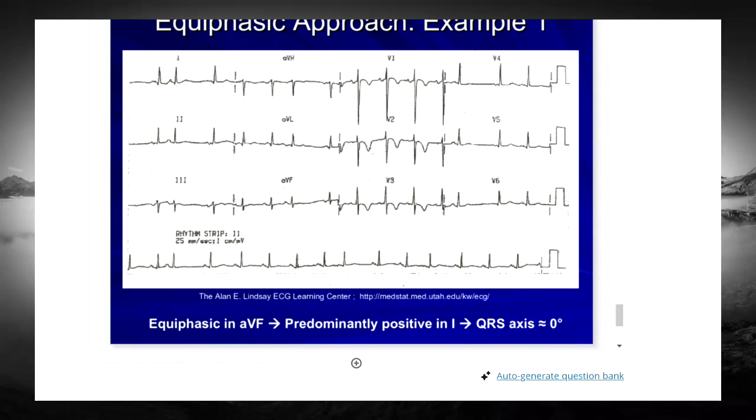And so the reason that we use this is when we have to determine exactly what the axis is. We're not as concerned about whether this axis is normal, left axis deviation, or right axis deviation. After we figure out this is a left axis deviation, now we might need to know exactly where the axis is, if you've gone into either pediatric cardiology or adult cardiology.